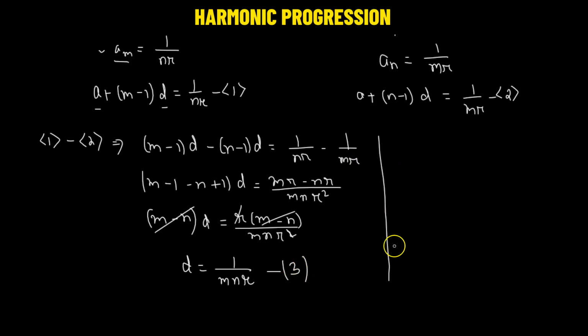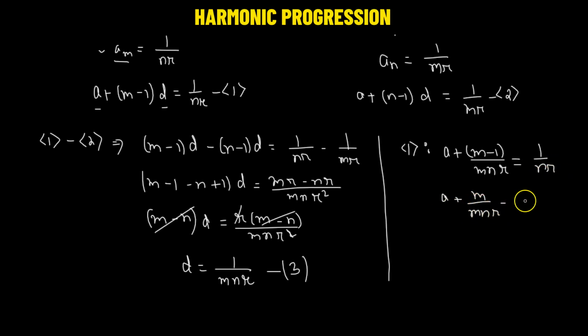Now that we have the value of the common difference d, we can also find the first term. We can use either equation 1 or 2. Let's use equation number 1. So we have a plus m minus 1 times the common difference d, which is 1 over m times n times r, equal to 1 over n r. So we have a plus m over m n r minus 1 over m n r equals 1 over n r.